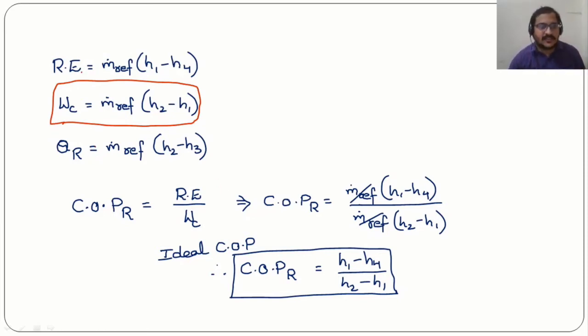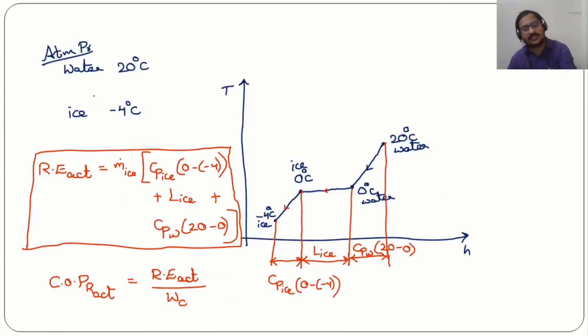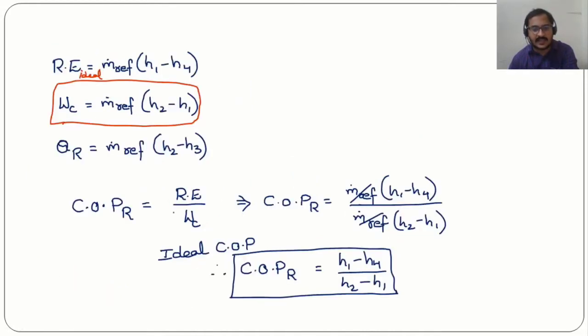Ideally the refrigerating effect should be mass of refrigerant into H1 minus H4. But actually due to some losses there might be variation in the refrigerating effect. That means the ideal refrigerating effect may not be equal to the actual refrigerating effect. As a result of that there will be a variation in the COP.